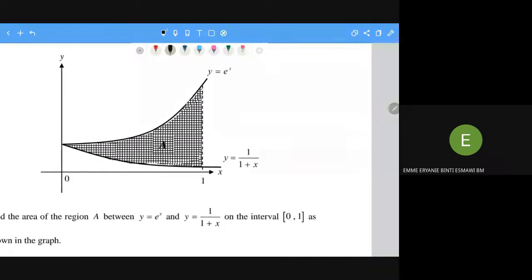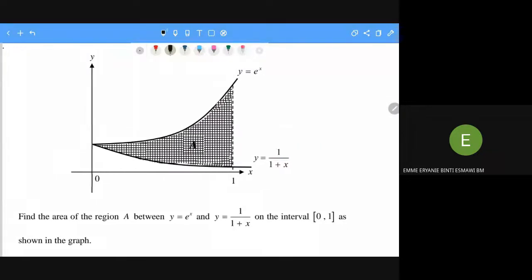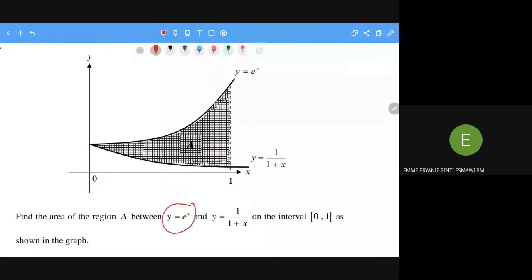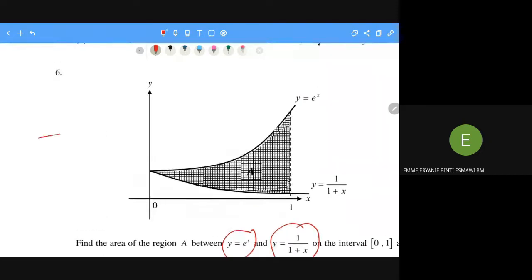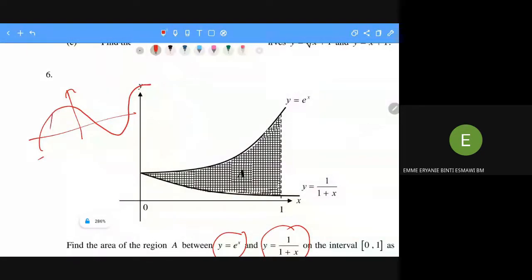Okay, contoh macam ni. See, function yang dia bagi tu is function yang ada kaitan dengan chapter 6 punya integration. Okay, so jangan tinggal sepenuhnya lah chapter 6 punya integration because they can ask you again about trigonometry. Contoh, tiba-tiba function dia bagi tu, function cos kan. Lepas tu dia kata, this is the bounded region. Find the area of the bounded region.